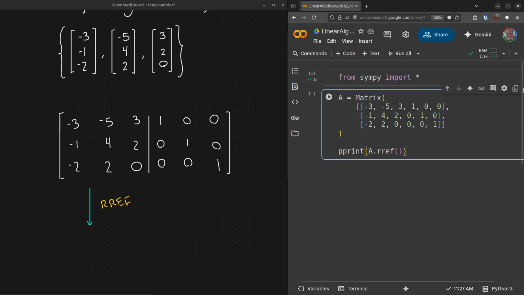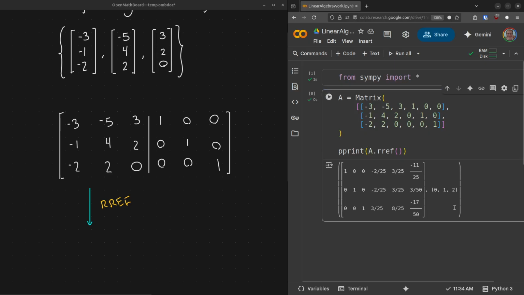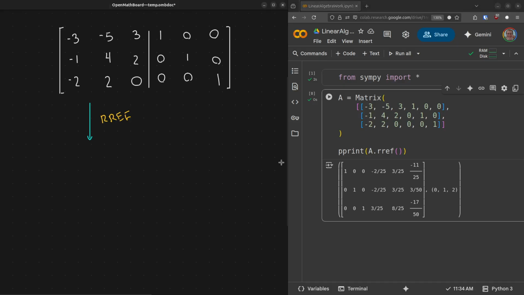Tell the computer to get into reduced row echelon form and print it so it's nice and pretty and easy to look at. Okay, so the reduced row echelon form of our matrix is 1, 0, 0, negative 2 over 25, 3 over 25, negative 11 over 25. Row 2, 0, 1, 0, negative 2 over 25, 3 over 25, 3 over 50.